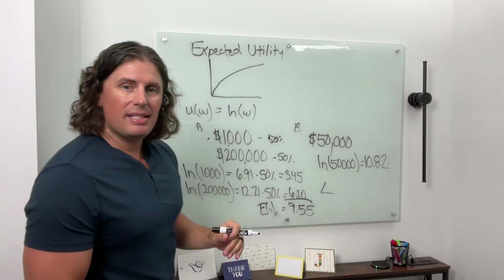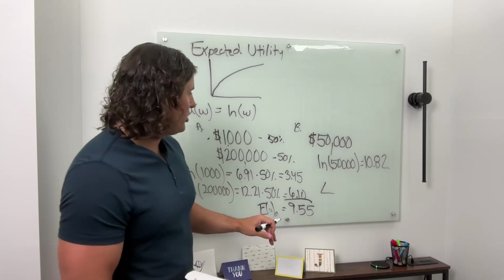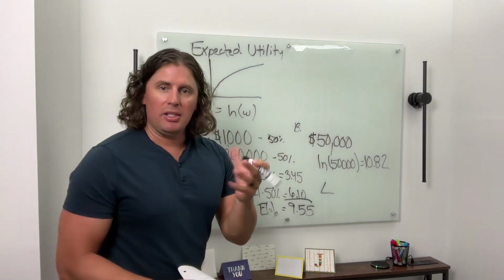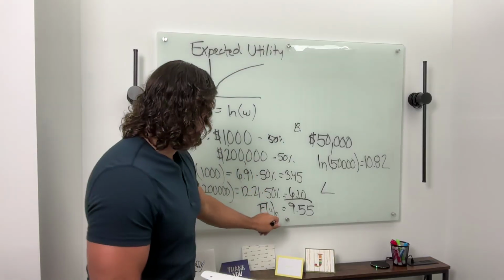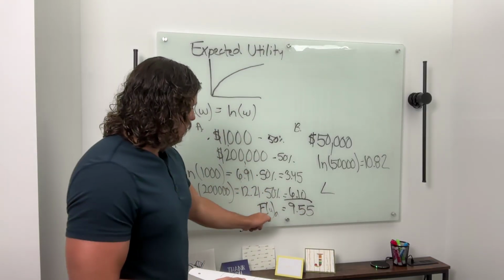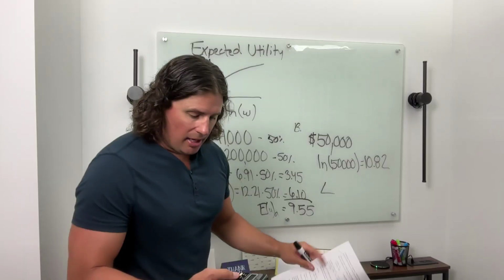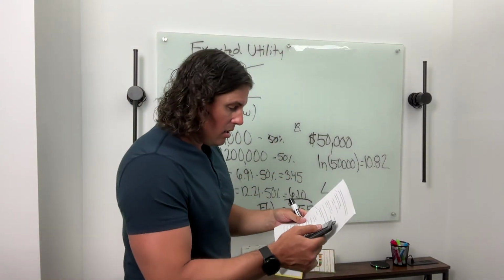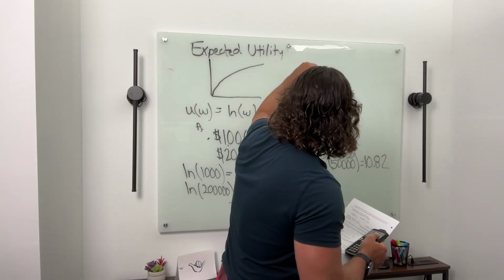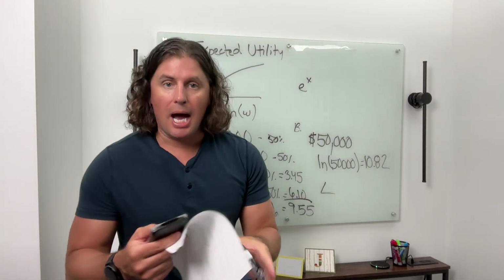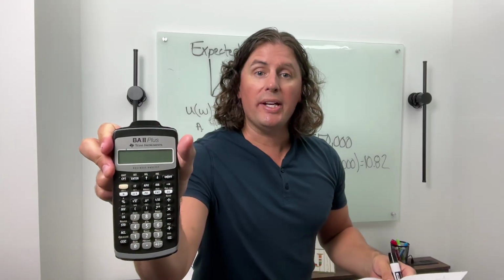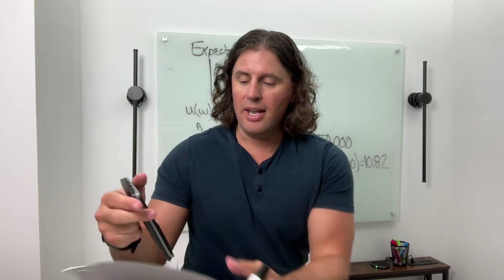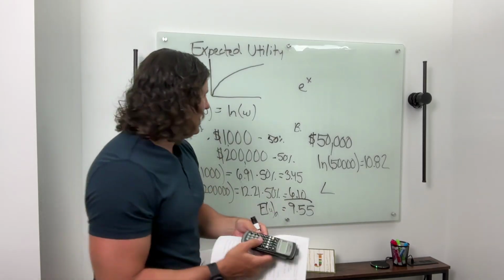If we wanted to take that one step further, we could ask, what is my certainty equivalent? In other words, what is the amount that I would be willing to be indifferent to based on my utility over here? In order to take the natural logarithm back up, we're going to use a function called e to the x. It just happens to be on my BA II Plus calculator right above the ln. So I hit the second button, and then ln, which gives me e to the x.